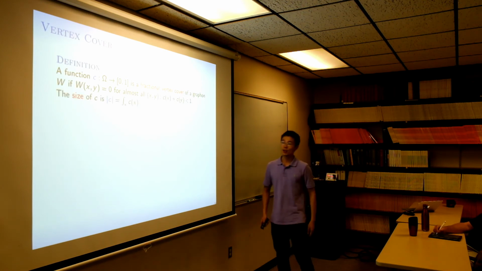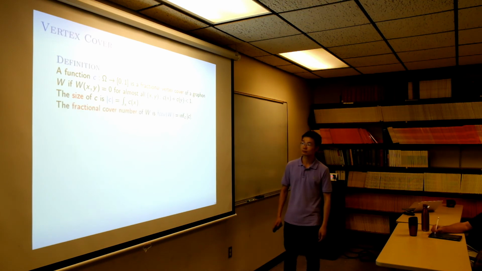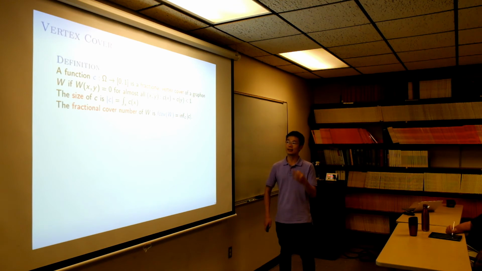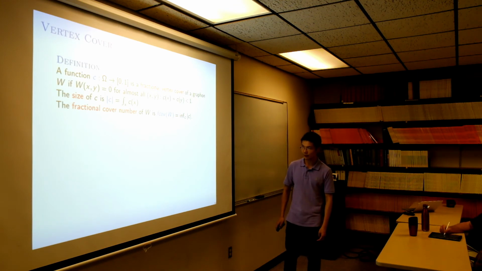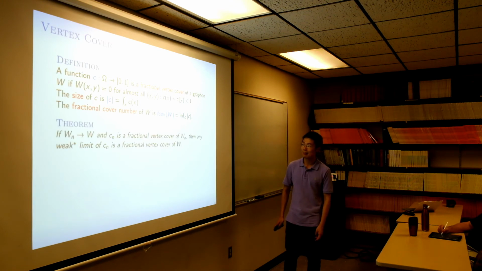And the set of C is just the integral. And the fractional cover number of W is the inf over all fractional covers. This time we can actually show some properties somehow nicer than for the matching, but we start from here.